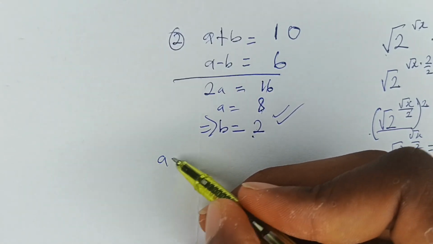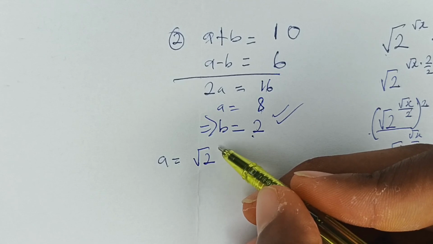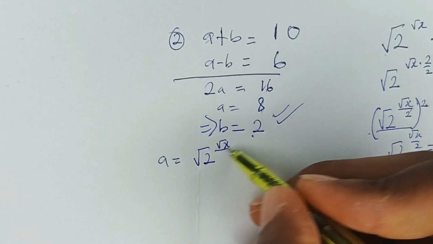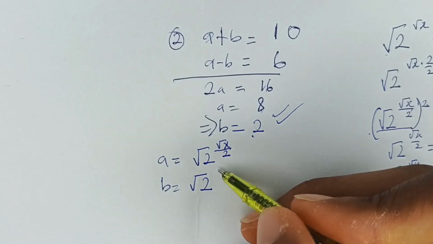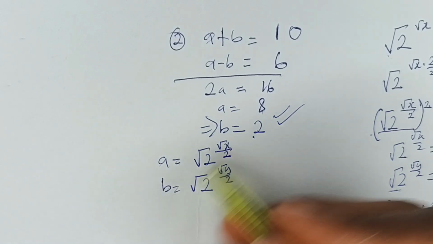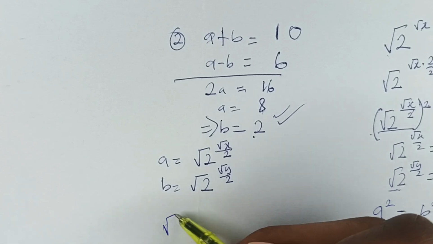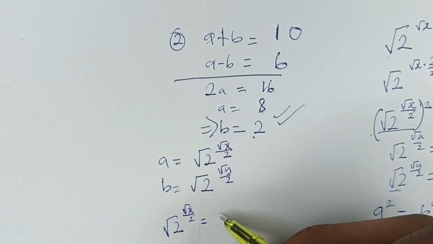Now let's go ahead and apply this here. So we say that our a is equal to square root of 2 raised to power root of x over 2, and our b is equal to square root of 2 raised to power root of y over 2. Now let's solve for a first. Our a is 8, so we have that square root of 2 raised to power root of x over 2 is equal to 8.